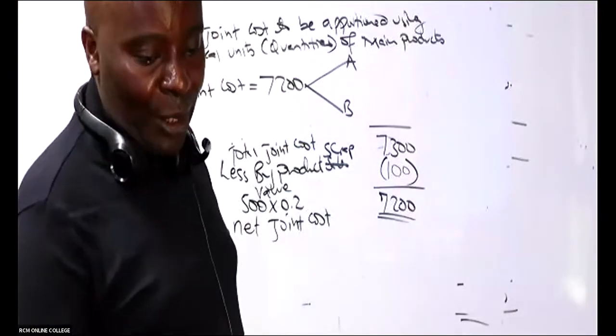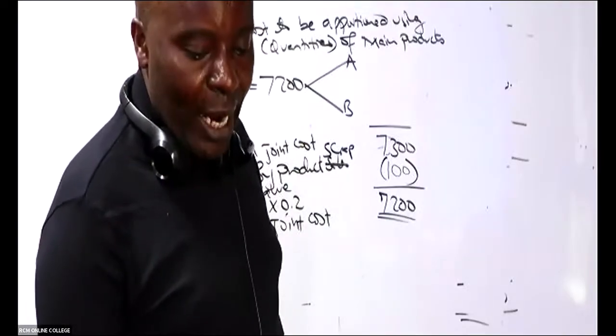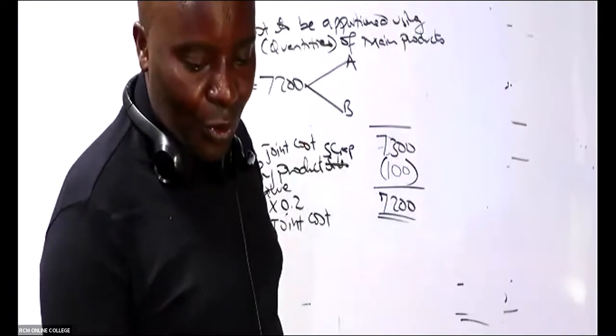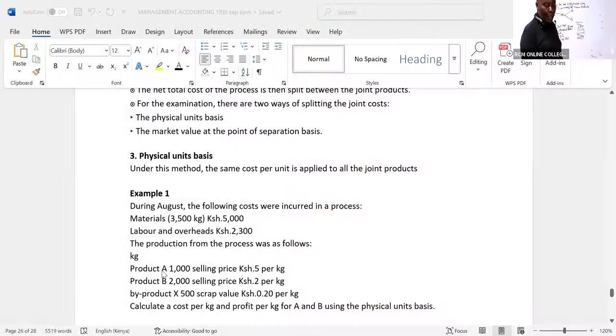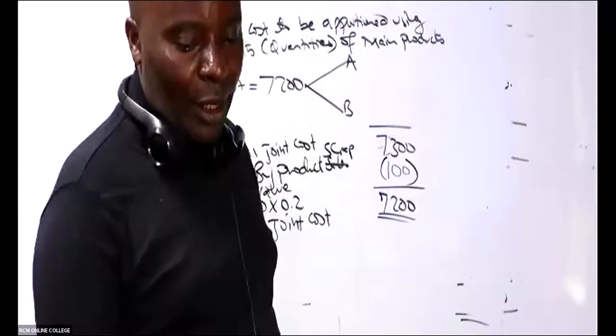Do we have the physical units of these two main products? Yes. On this physical units basis, product A is 1,000 kilograms and B is 2,000 kilograms.